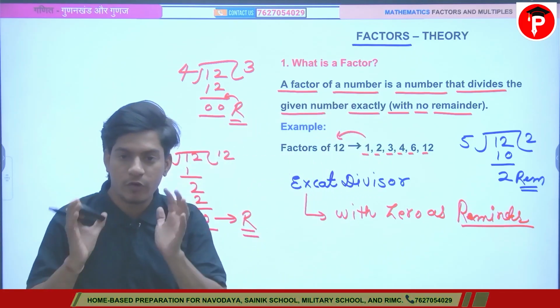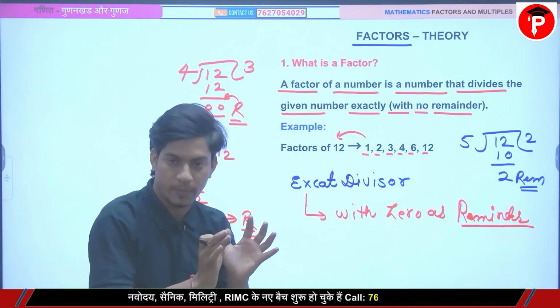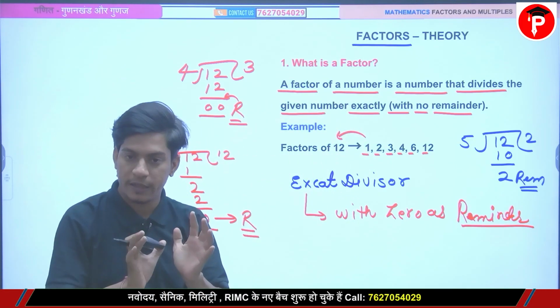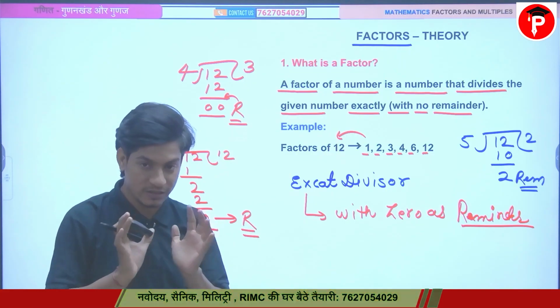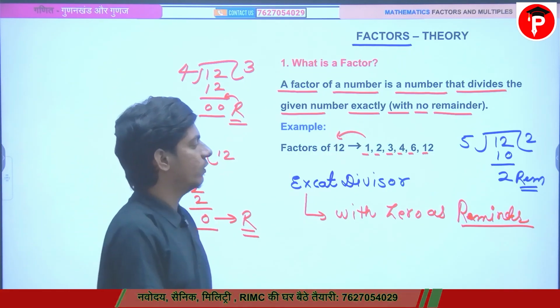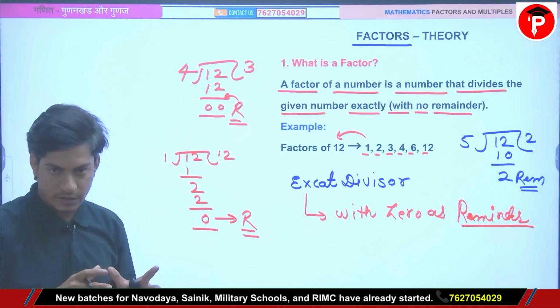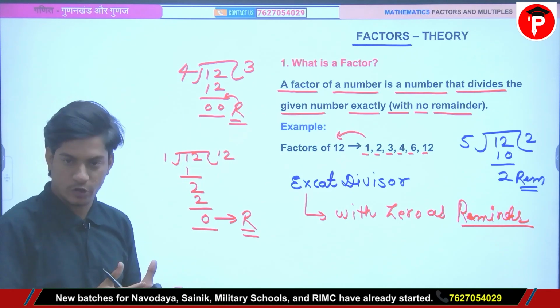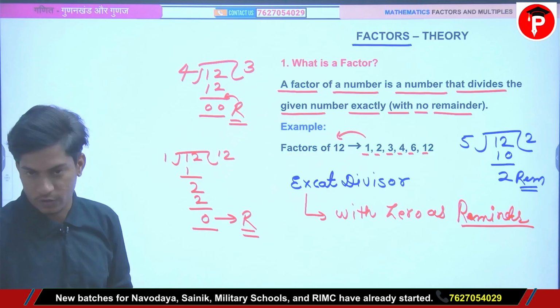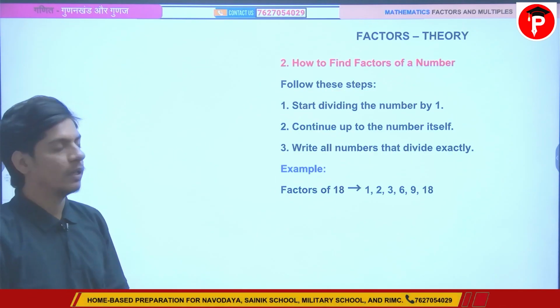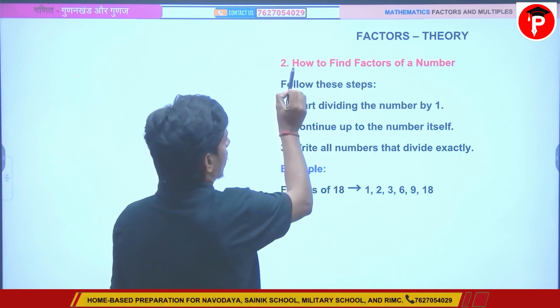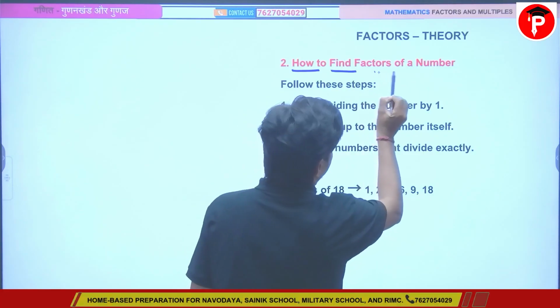We don't want any remainder other than 0. It means if we divide a number by another number and get 0 as remainder, then that is a factor of that number. Otherwise, it is not a factor. Got this?